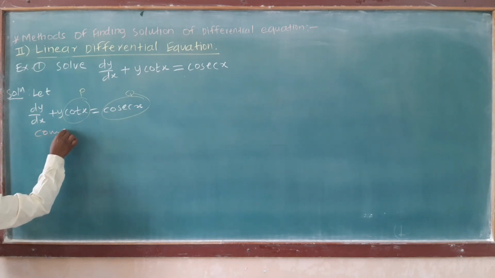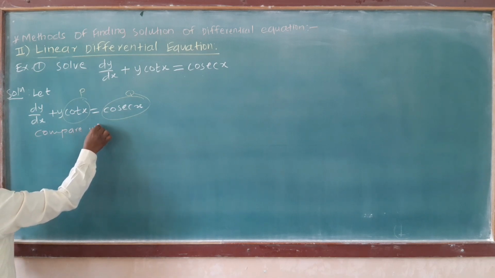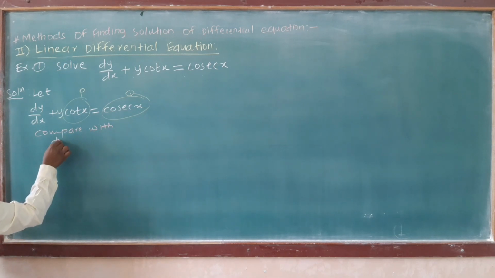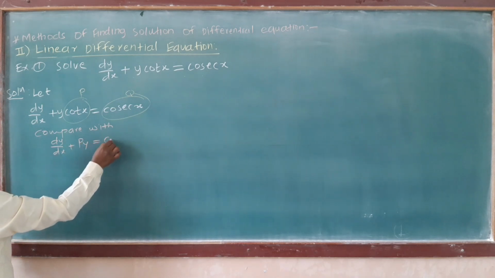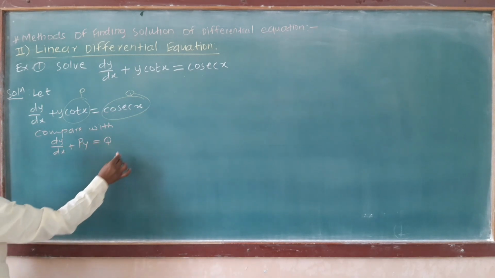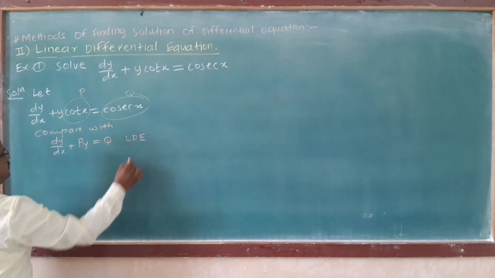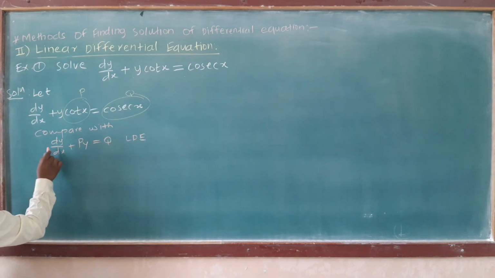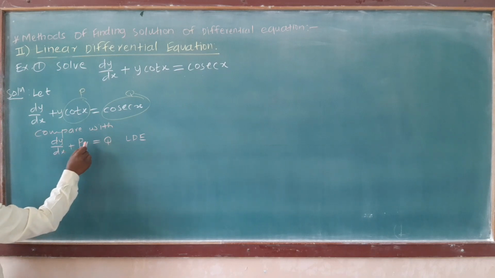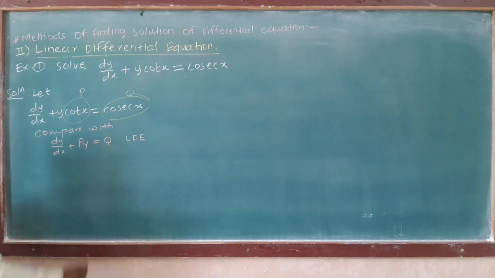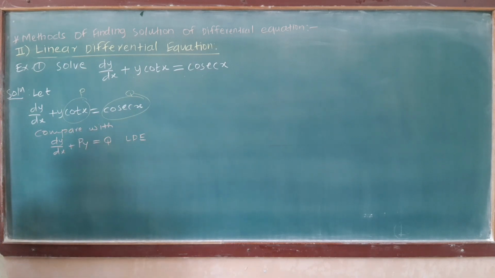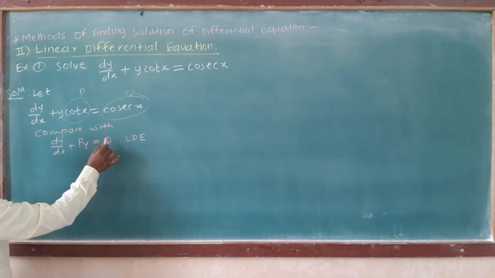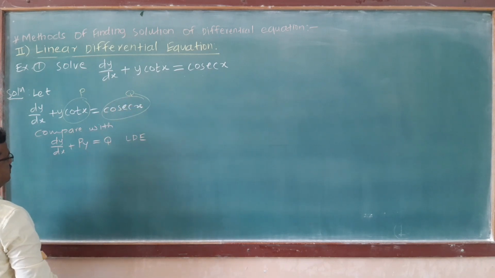If you compare this equation with dy by dx plus py is equal to q, this is a linear differential equation. The dy by dx coefficient is 1 here, the power of y is 1, p means the coefficient of y, ह्या y चा सहगुणक p हे function of x आहे only, is equal to q, which is a function of x.